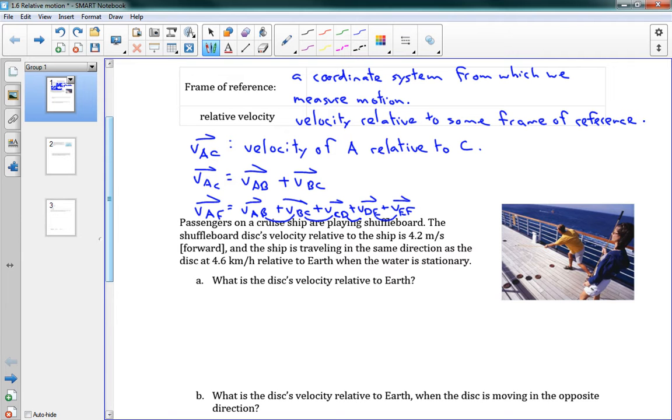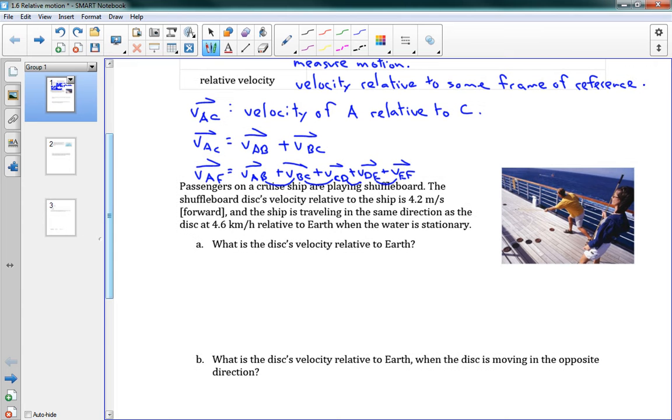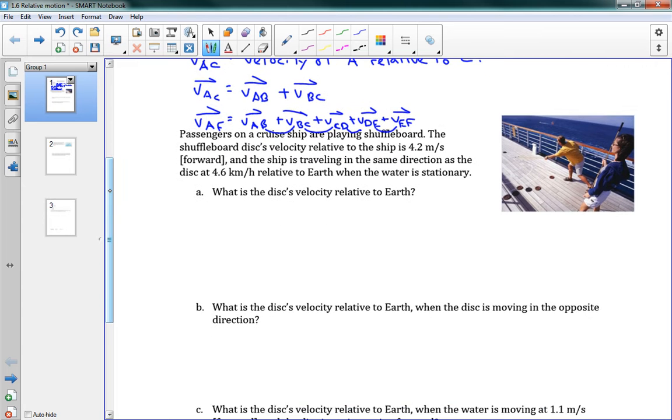So it might make a lot more sense if we actually just look at an example. So let's look at this first example here. It says that passengers on a cruise ship are playing shuffleboard. Shuffleboard is this sport over here where we push a disk along a surface. We try to get it into some goal.